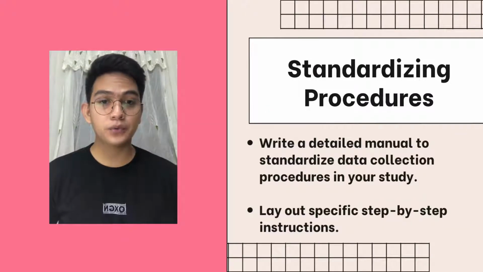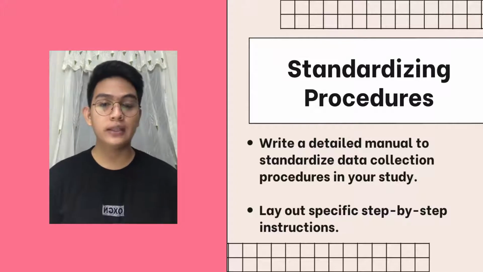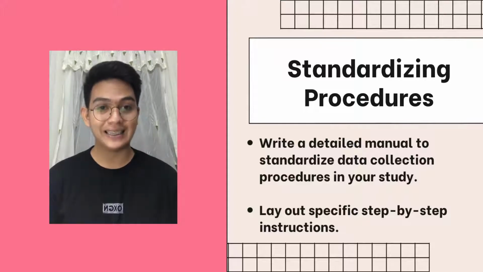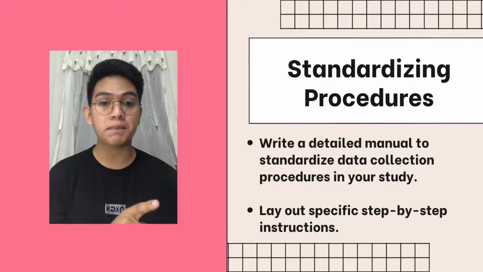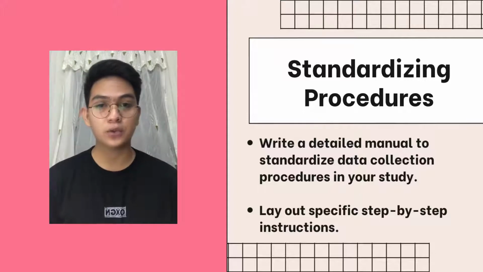The next part would be standardizing procedures. Now, if multiple researchers are involved, you can write a detailed manual in order to standardize the data collection procedures in your study. This means to lay out specific step-by-step instructions so that everyone in your team can collect data in a very consistent way.